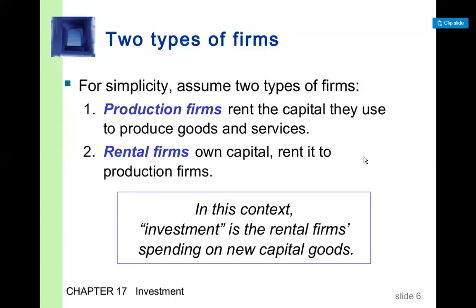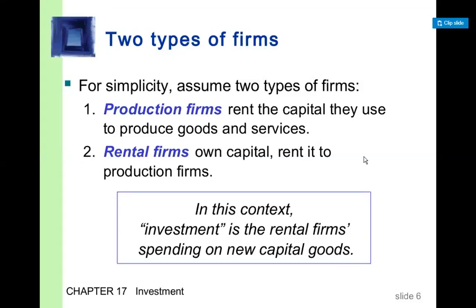Rental firms are the firms who own capital. They buy capital, they are the actual capital owners, and rent this capital out to the production firms. Which are the rental firms? Those who own capital and give it on rent to production firms. Production firms can be rental firms. If a production firm has its own capital, then the same firm will be both a rental firm and a production firm. Is that fine?